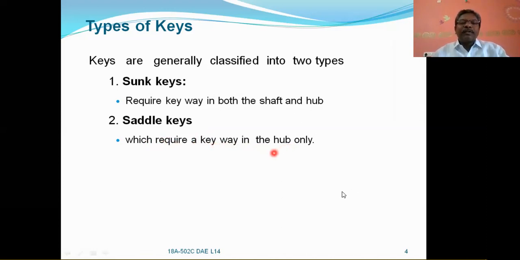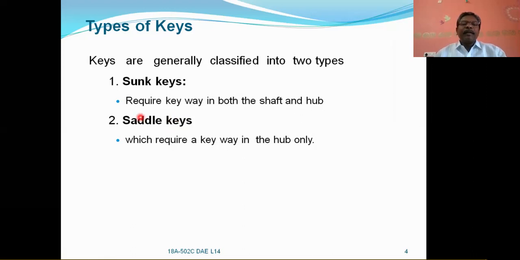Generally they are classified into two categories. Number one, sunk keys require keyway in both the shaft and hub, whereas the saddle keys require the keyway only in the hub. The saddle keys are used for light power transmission to medium power transmission.